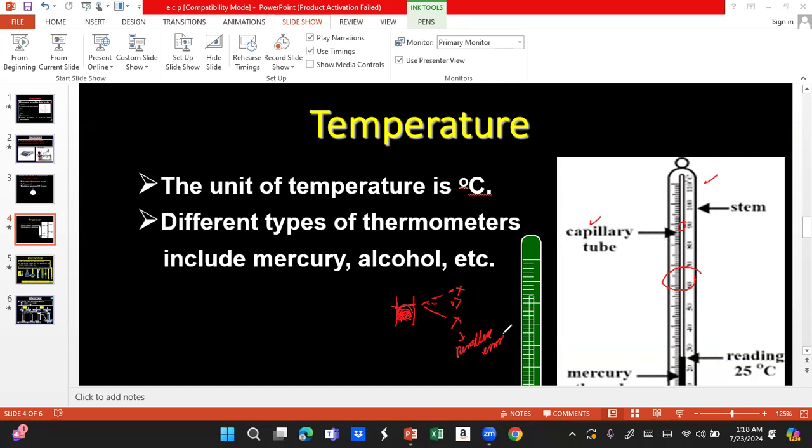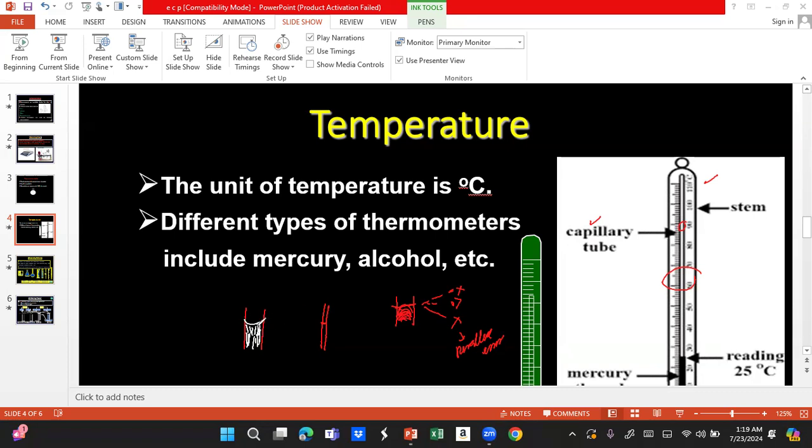So when we have a colorless substance here, let's say alcohol, you will see it will be like this. This will be the shape adopted by the alcohol in the capillary tube.